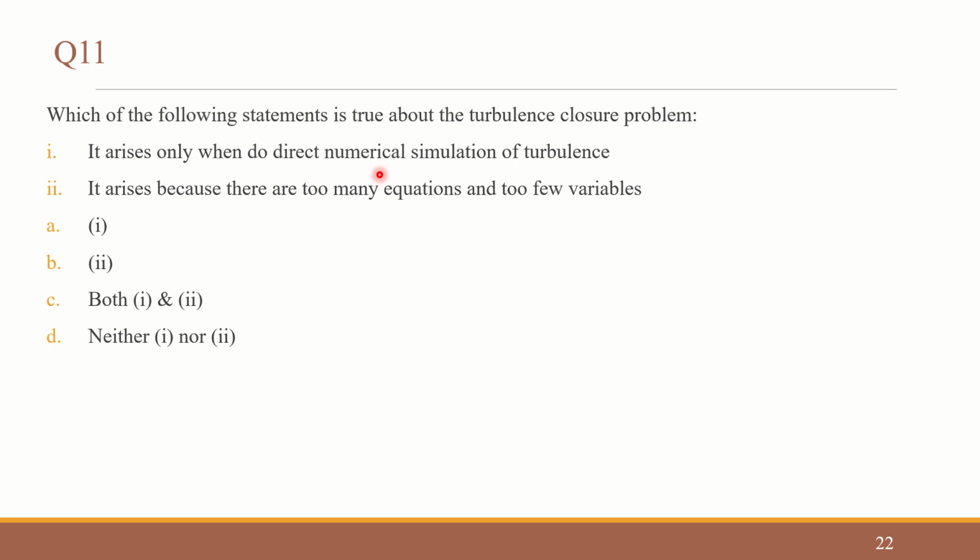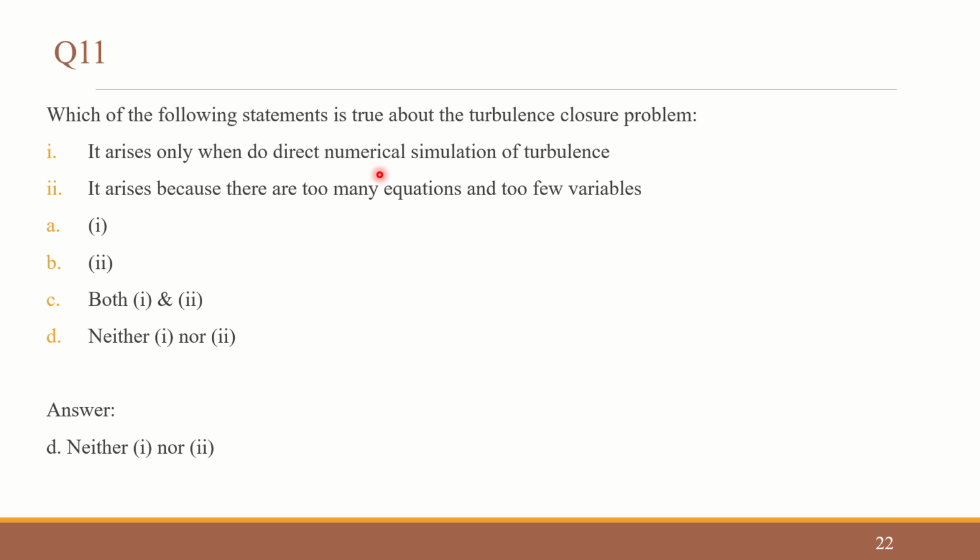So it is about the turbulence closure problem, and the answer is actually option D, neither 1 nor 2. The statement that it arises only when we do direct numerical simulation of turbulence is wrong.